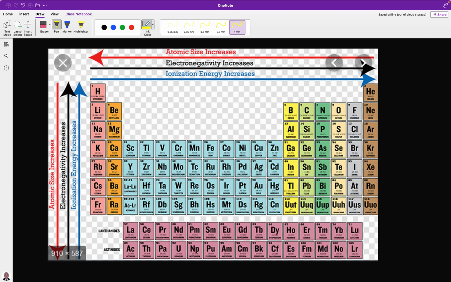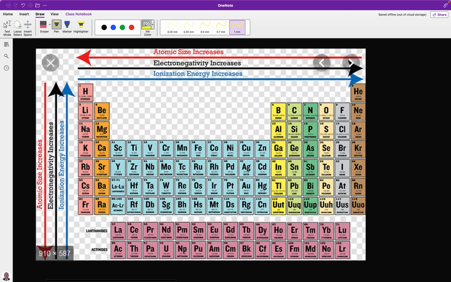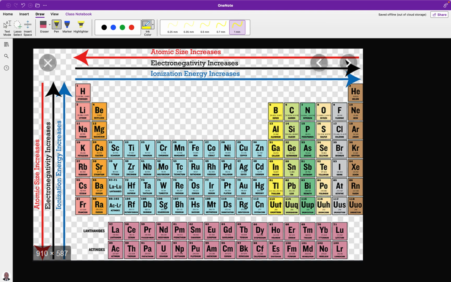If you look at the property here, you will realize that atomic size increases as you go from right to left. In other words, the atomic sizes are decreasing as you go from left to right, or increasing as you move from right to left.